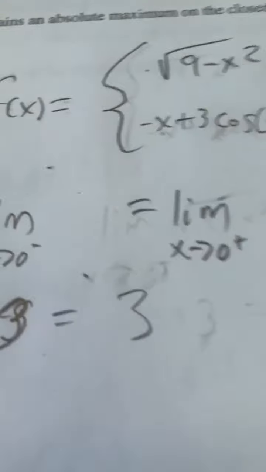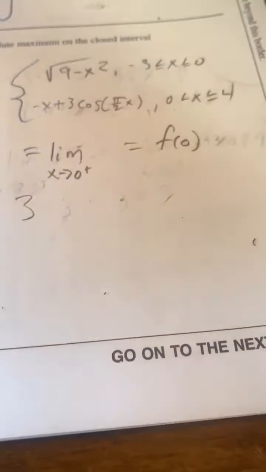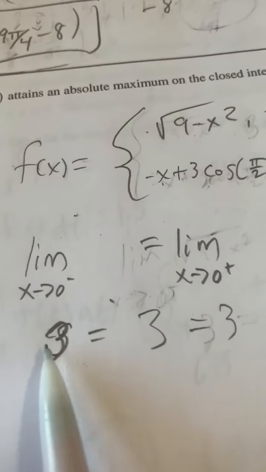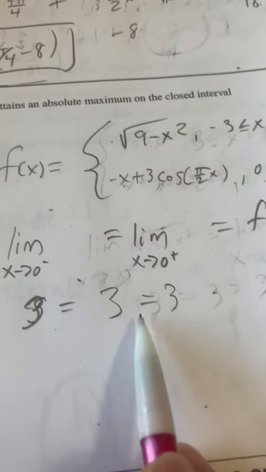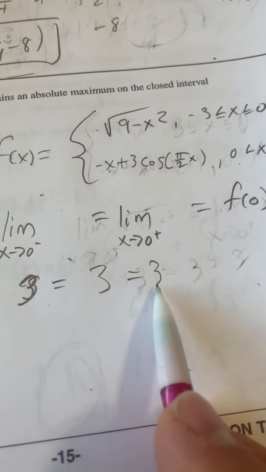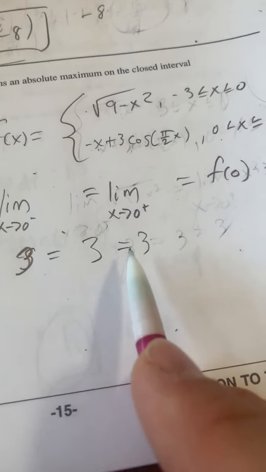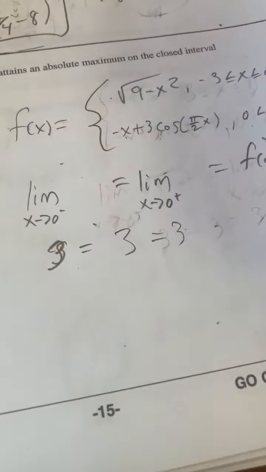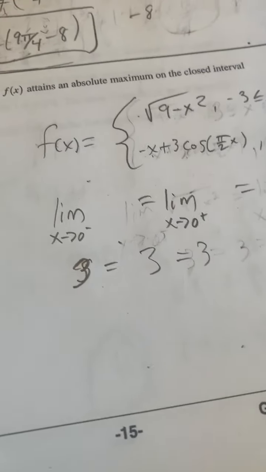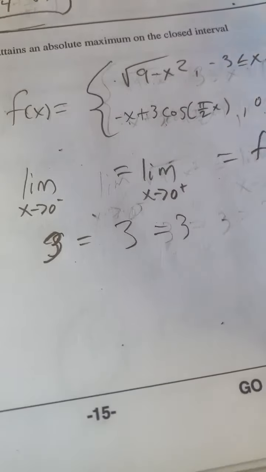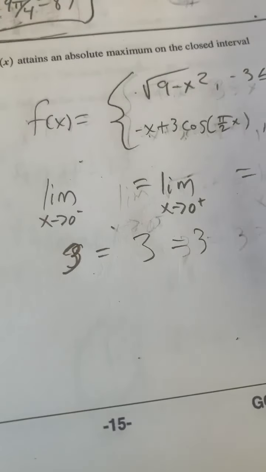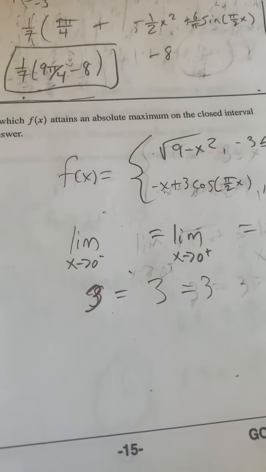Cosine of 0 is 1, so I would get 3. And then plugging in the actual value, that would be a 0 right here, which is equal to 3. So since the left-hand limit is equal to the right-hand limit is equal to the value, that means that the function is continuous, and if a function is continuous, then it must attain an absolute max and absolute min. The reasoning for that is extreme value theorem, but you would not have to quote that. You don't have to memorize those. You do get your notes on this test, though, if you need them.